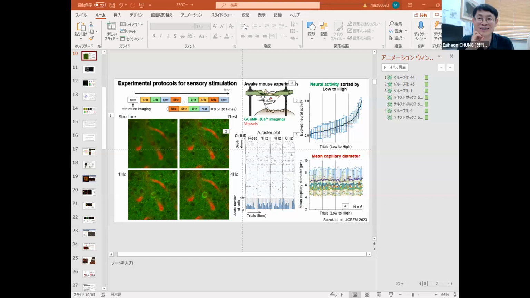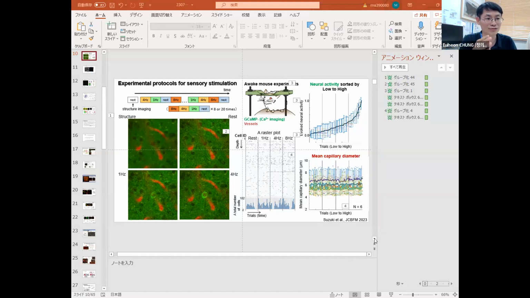Kazuto, maybe I can ask some questions. I think there is a lot of data, and sometimes I got confused. I have two questions. First, you showed data of sensory stimulation at different frequencies. How should we interpret the data?